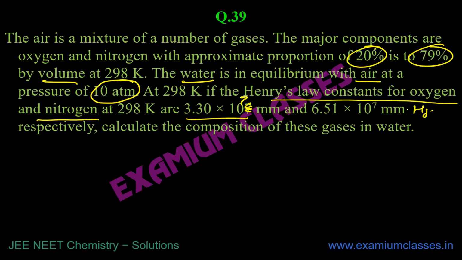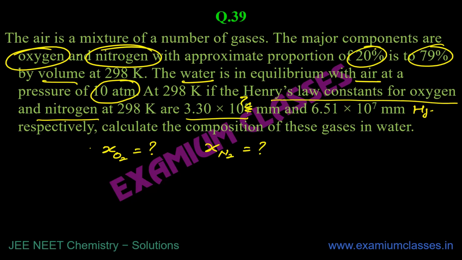Think about it. Composition means you have to calculate the mole fraction. So basically, this question is talking about you need to calculate the mole fraction of oxygen and mole fraction of nitrogen. This is what is asked in simple terms. So for that, we are talking about Henry's law constant.